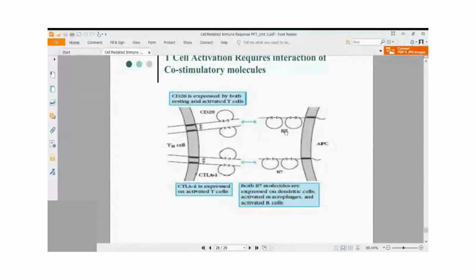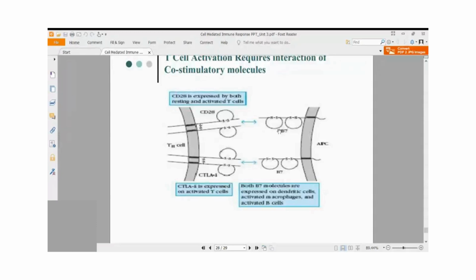B7.1 is generally called CD80, just like the way we call CD28. It is expressed in large amounts by the antigen presenting cell when it encounters and processes a foreign antigen. Only then will B7 be expressed in large numbers on the surface of the membrane.